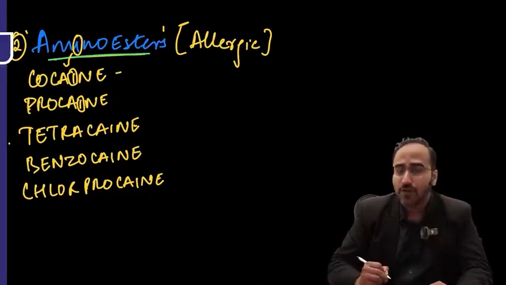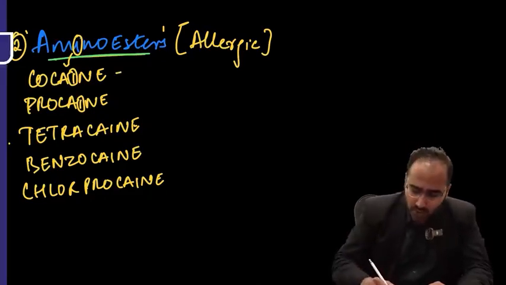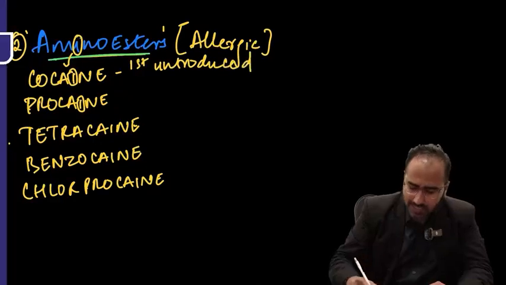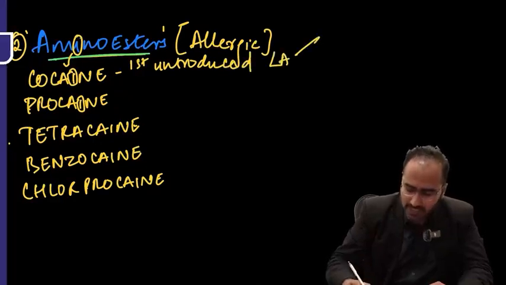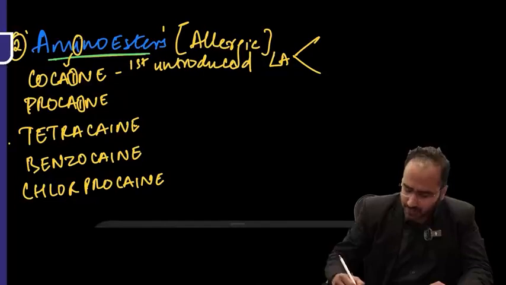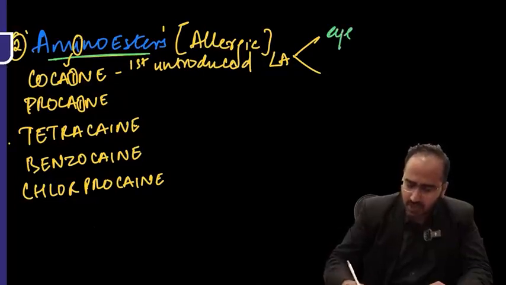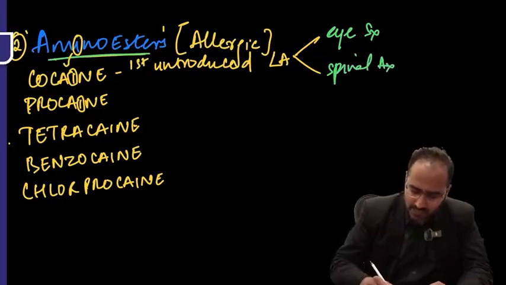Now guys, a few important points over here. Cocaine was the first introduced local anesthetic. Used for what two surgeries? Used for eye surgery as well as for spinal anesthesia, right?